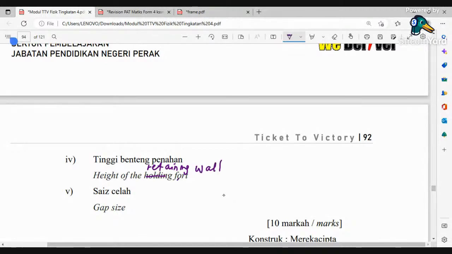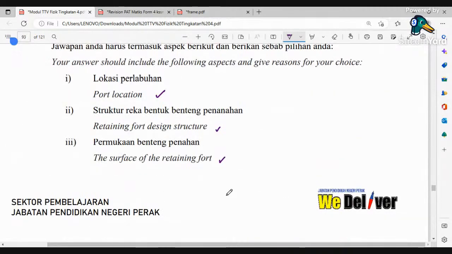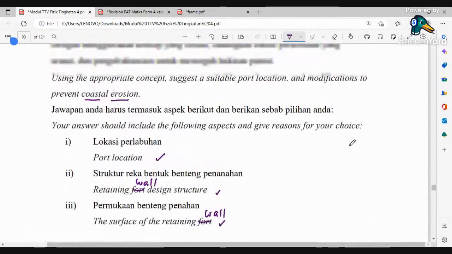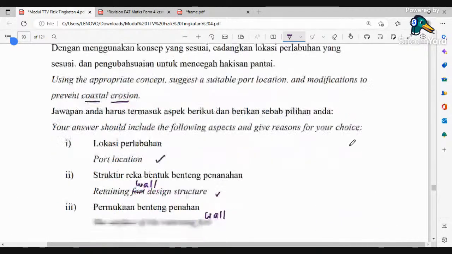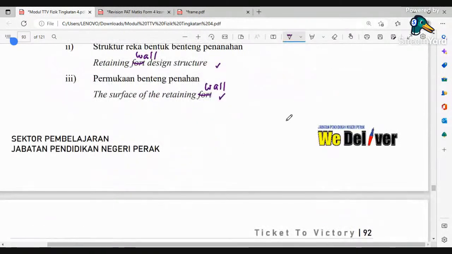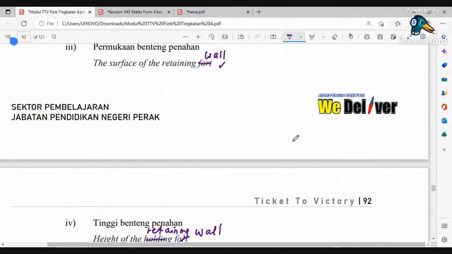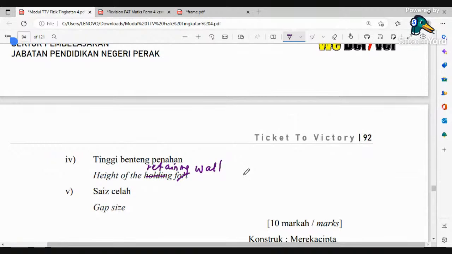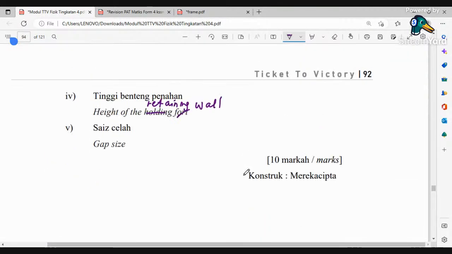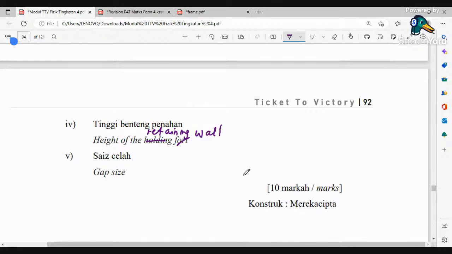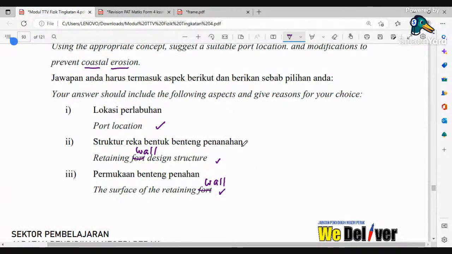Retaining wall is not port. Okay, this one is to design or modify a retaining wall and also the location for the port. So all have 5 aspects, so it's quite easy for you all to write. It's already given the aspects.